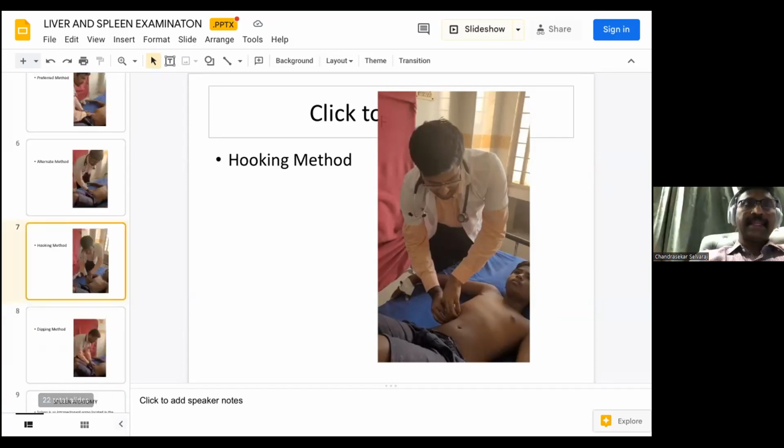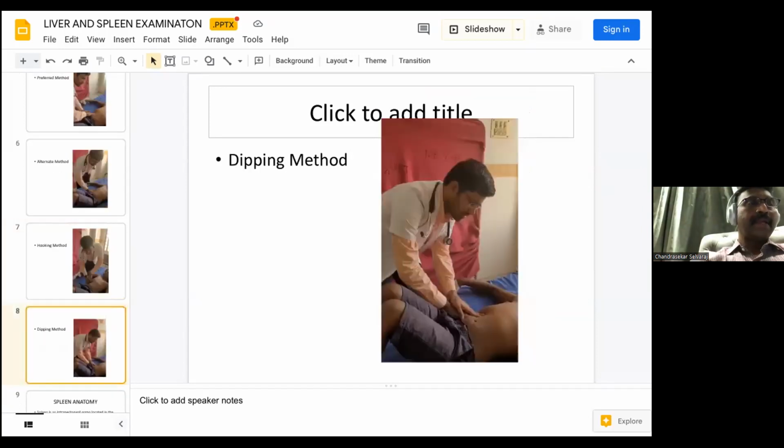The final thing, I think most of you know, is called the dipping method, particularly in cases where there is a huge abdominal distension and fluid collection. Again, we need to start from the right iliac fossa, keep one hand over the other, and gradually ascend up.